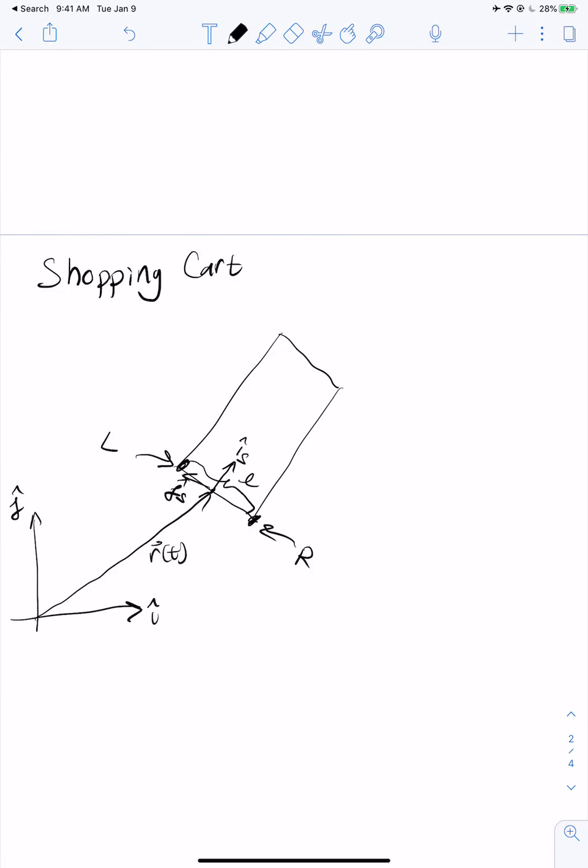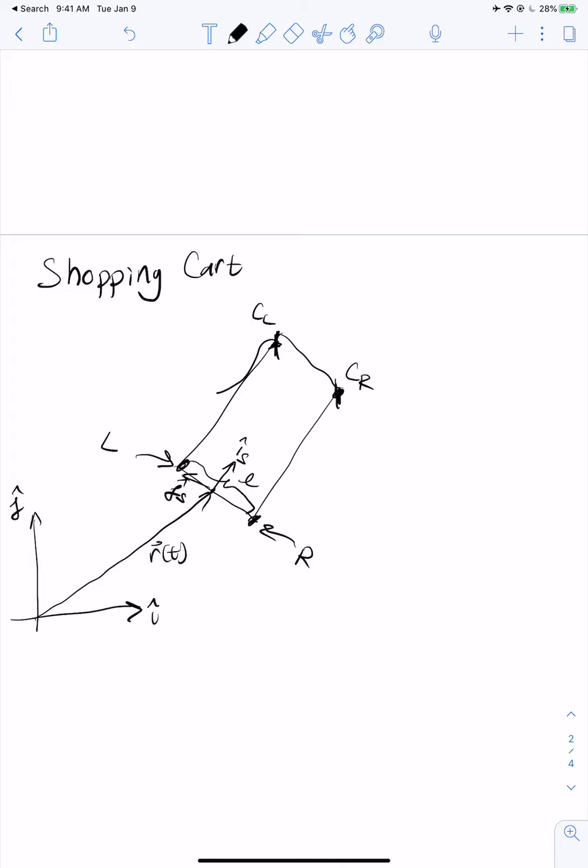And we could say that there are some additional wheels in the front. We can call these caster wheels. These are ones that aren't fixed, that have the ability to rotate. We can call these CL and CR for caster left, caster right.